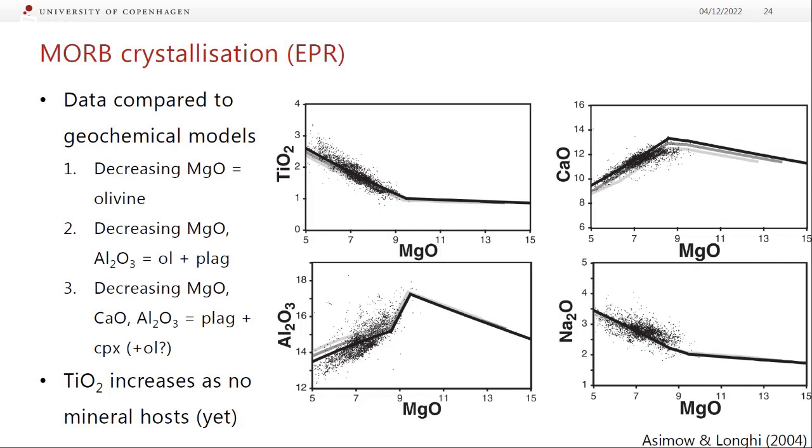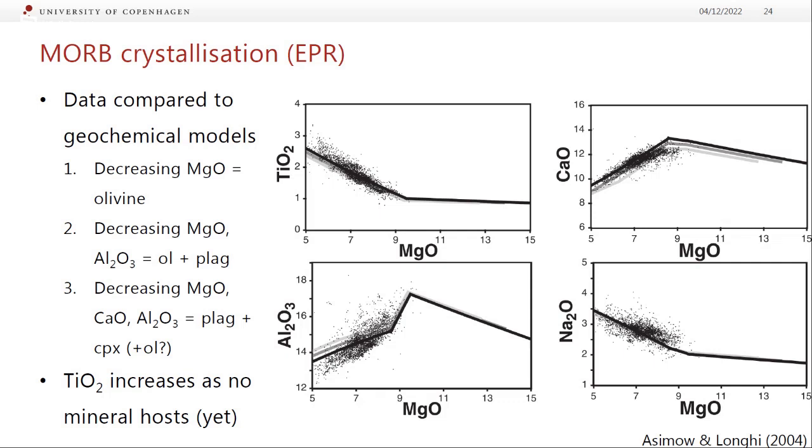Olivine doesn't contain any titanium, it doesn't contain any aluminium, doesn't really contain any calcium, and doesn't contain sodium. So when we remove that from the melt, we're concentrating everything that's left in the melt. So we move away from an olivine composition, which maybe has 50% MgO, it's way off these diagrams, and we push them out in this direction.